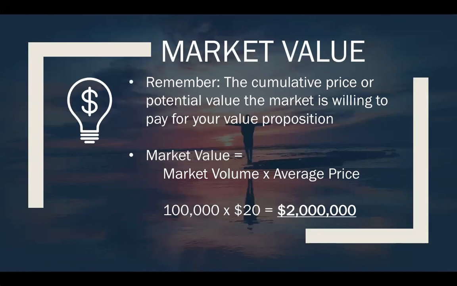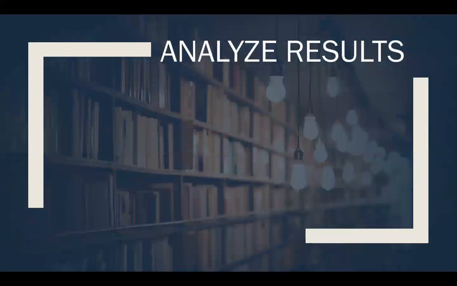Let's take that 100,000 that we found from the market volume, which was our 5 million times the 2%, and let's multiply that by $20. Let's say we're selling a widget for $20. Our potential market value is $2 million. I don't know what that means. It would depend on what you're looking at here, but that's just an example of how you calculate it.